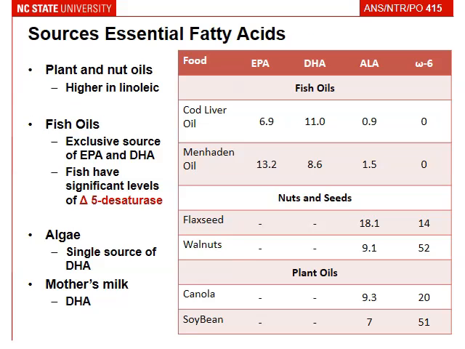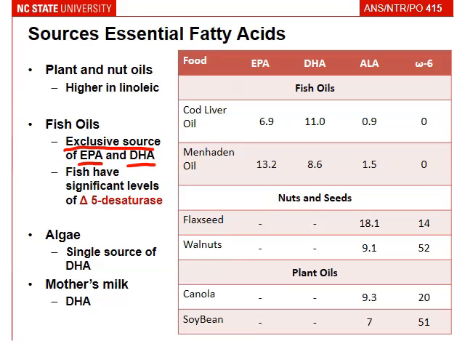So what are the sources of these essential fatty acids? Well, it's mainly going to be plants, nuts, and fish oils. Fish oils are typically going to be our exclusive source of EPA and DHA. Here we have two common fish oils.